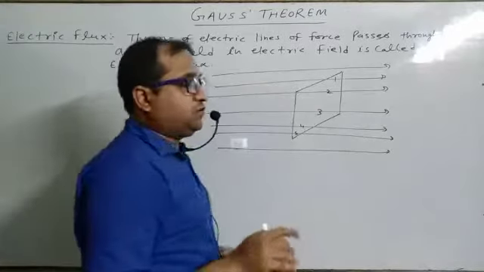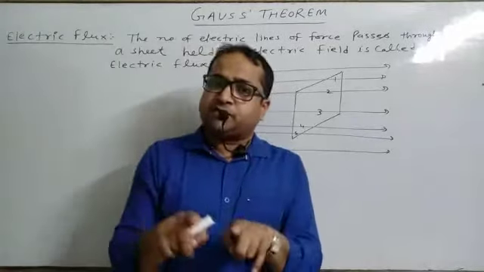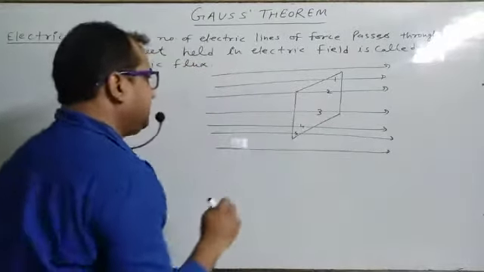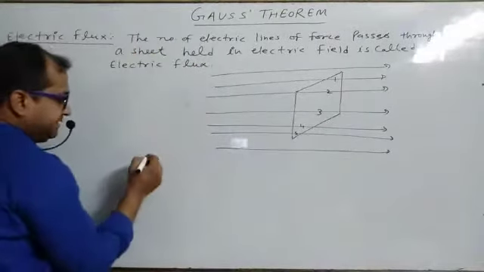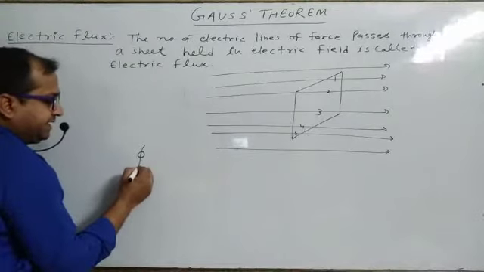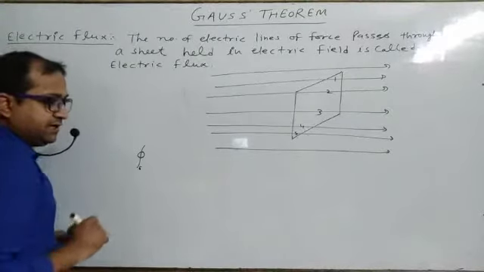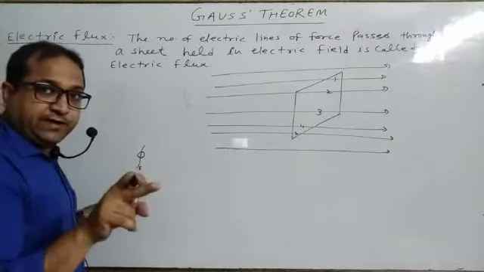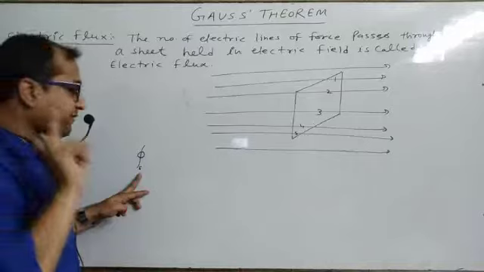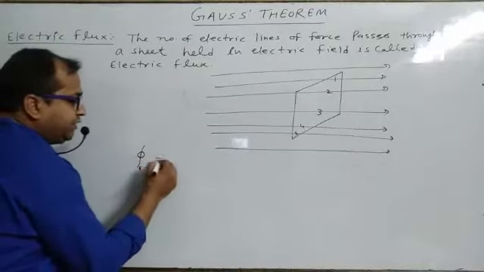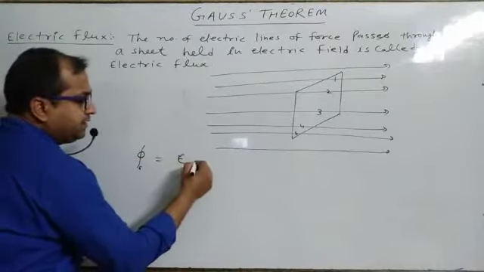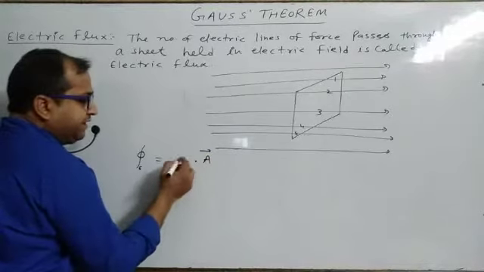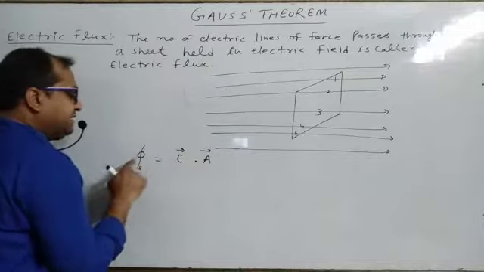So you know the number of electric force lines passing through this surface is called electric flux. Electric flux is denoted by phi E. If we write phi B, this is magnetic flux in the magnetic field chapter. Phi E equals E dot A. Area is a vector quantity, electric field is a vector quantity, but flux is a scalar quantity.